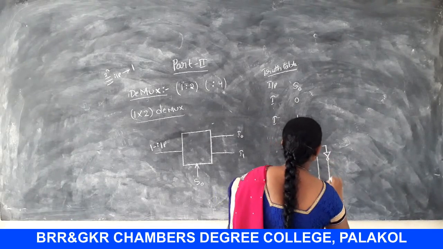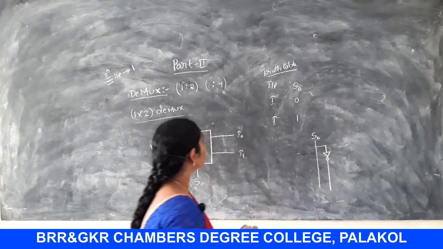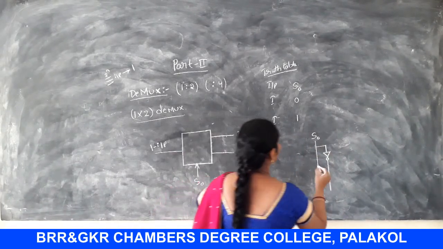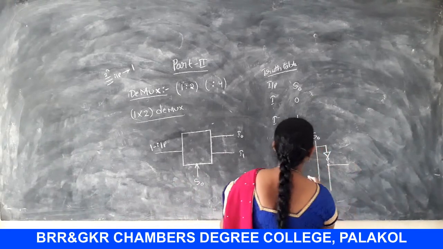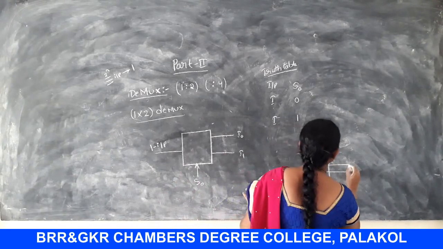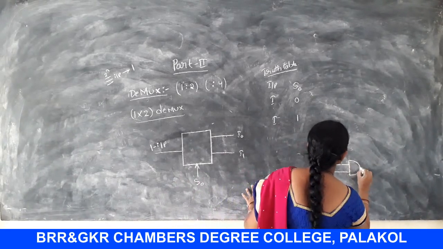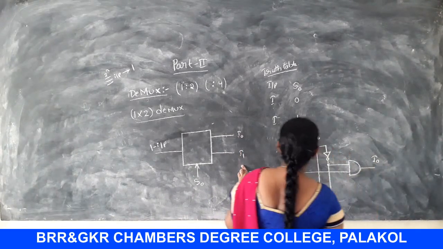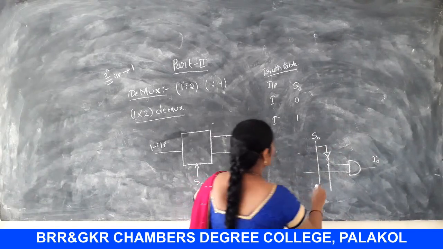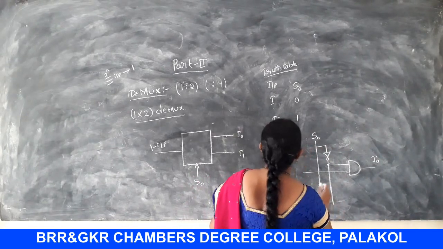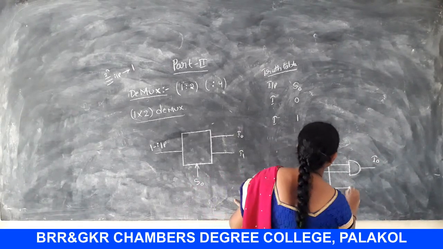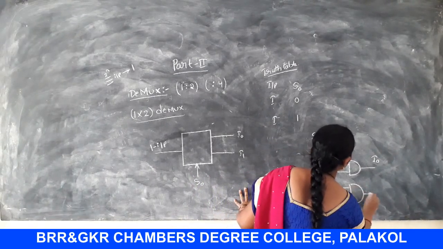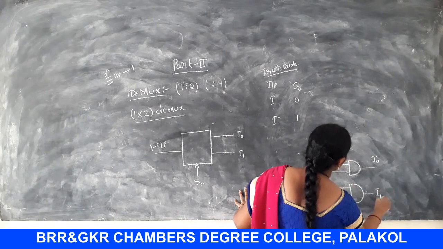Here this is the S0, and we apply S0 as 0. Next, I is considered like this. It will produce 2 outputs, so you have to write here I0, and next one is I1.